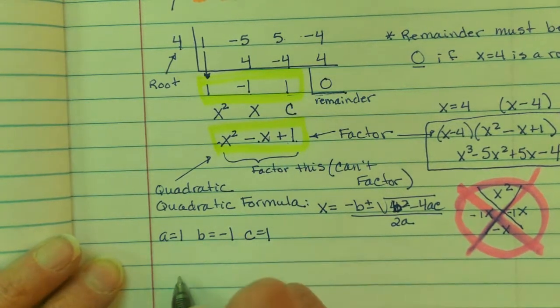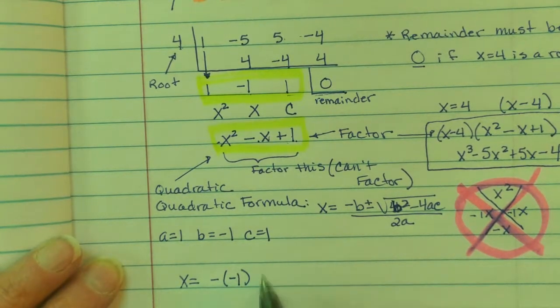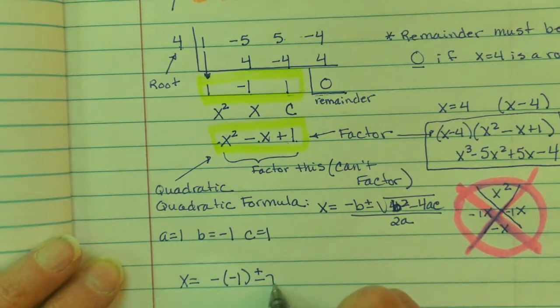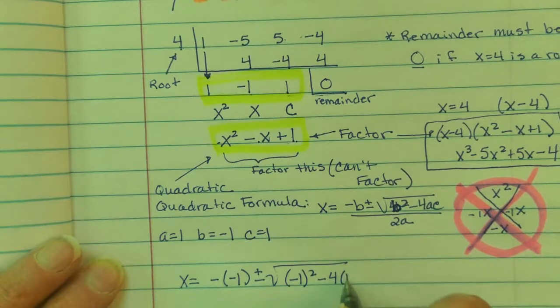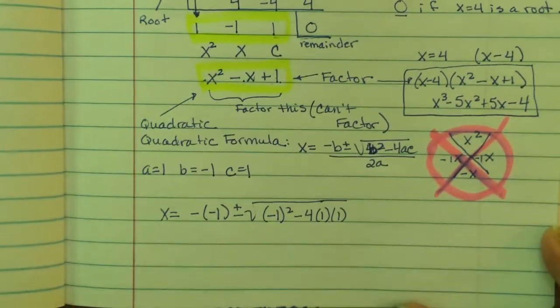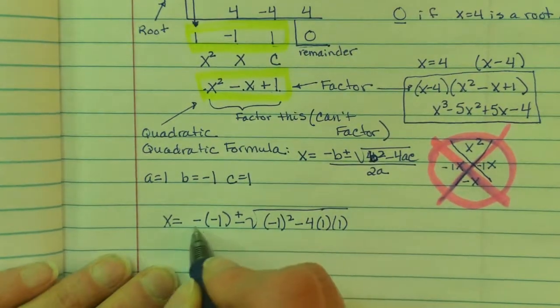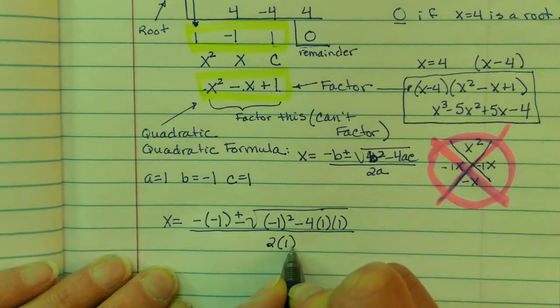That means then that I'm going to say x is equal to negative b, which is negative negative 1, plus or minus the square root of b squared minus 4ac. It's kind of nice having all those ones. It makes it actually a little easier. All over 2 times 1.